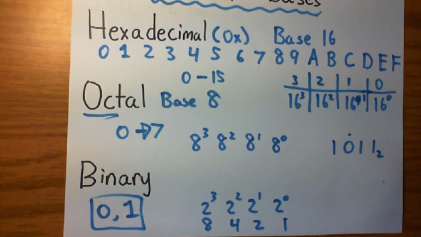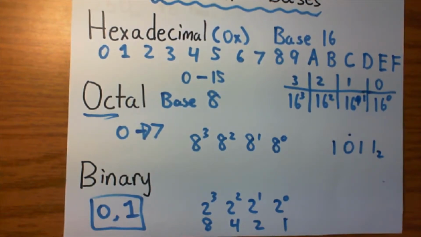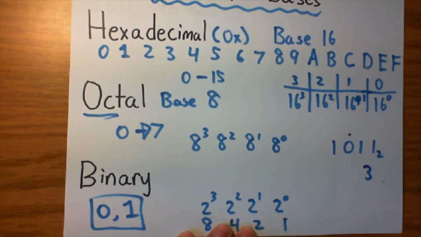I said 2 digits equate to 1 octal digit, but it's actually 3. Sorry about that. So this area here is 0 to 7. Every 3 digits in binary is equivalent to 1 octal digit. So we have 3 in octal for these 3 bits. Then we have a 1, and since everything beyond that is a 0, we set this to a 1. So this is 13 base 8.